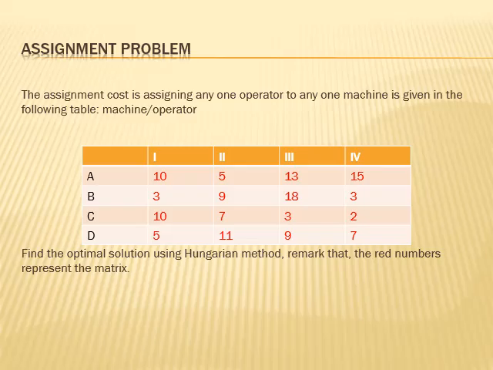If we assign C to 3, then it costs 3. If we assign D to 4, then it costs 7. The requirement is to find the optimal solution using the Hungarian method. Remark, the red numbers represent the body of the matrix.